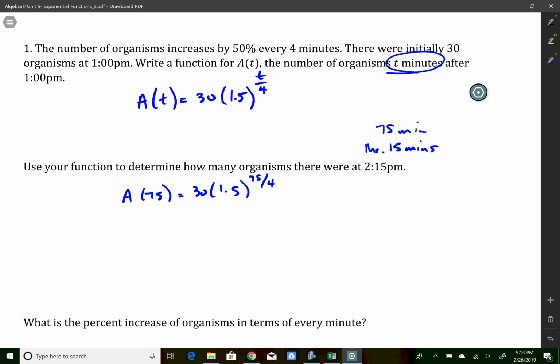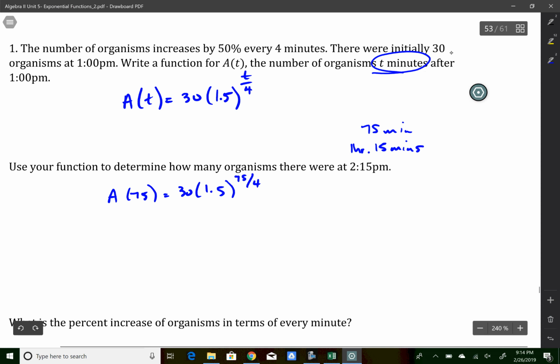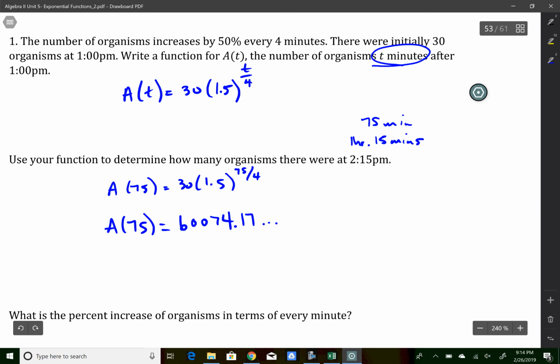So if we type that in real quick, I get a ton of organisms, because it's growing by 1.5 times every 4 minutes, and that's 75 minutes, so this is going to be a lot of organisms. It's exponential growth, so remember, these numbers are going to get bigger really quickly. And since we're talking about organisms, we can't have 0.17 of an organism, so it is going to be roughly 60,074 organisms.